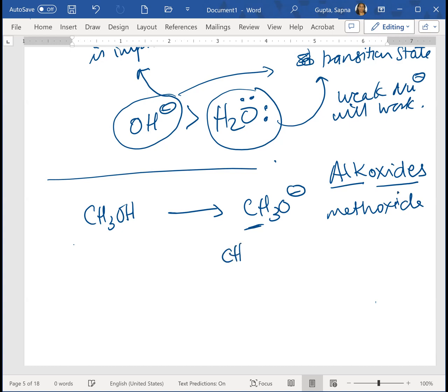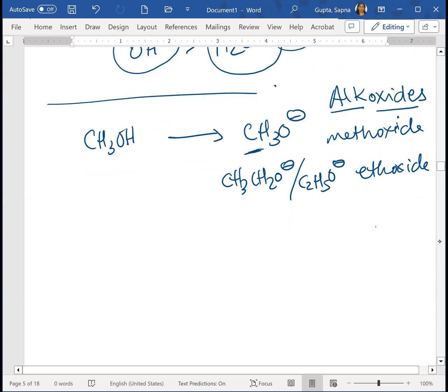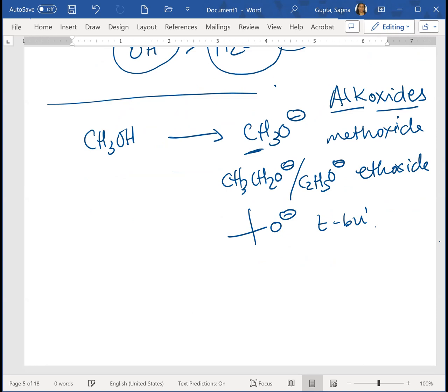If you had CH3CH2O minus, which is also C2H5O minus, both are the same, this would be called ethoxide. Then propoxide, butoxide, and this one that I drew before is called tert-butoxide. So that's nomenclature.